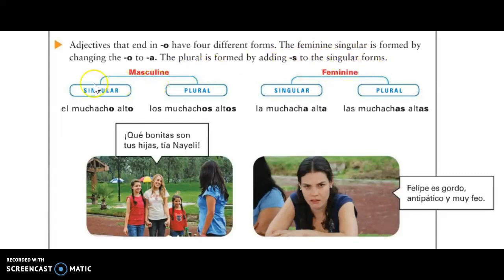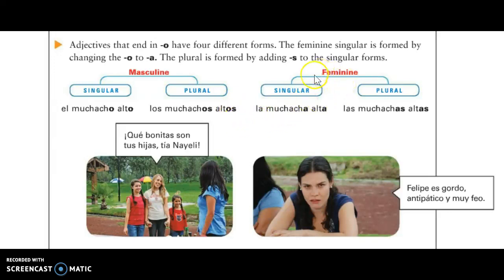So, for instance, the masculine singular form is el muchacho alto. If you want to make that form into plural, it would be los muchachos altos. So we change the el to los. Remember our definite articles. All of these 3 things are agreeing with being plural and masculine.